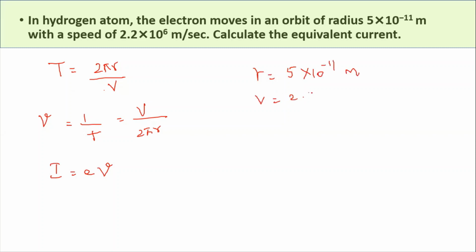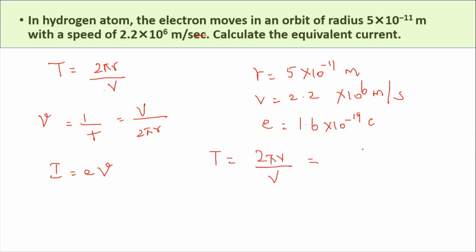V is 2.2 into 10 to the power 6 meter per second. Now, E value also you know, 1.6 into 10 power minus 19 coulomb. Now you find out T, 2 pi r by V. So you will be getting 2 into 3.14 into 5 into 10 power minus 11 divided by 2.2 into 10 power 6.